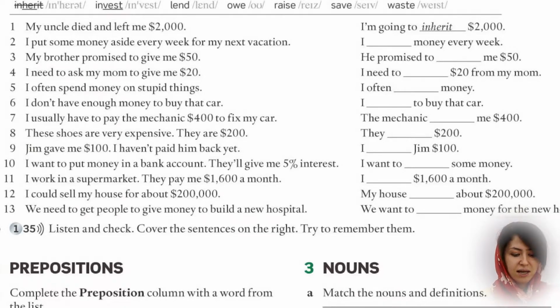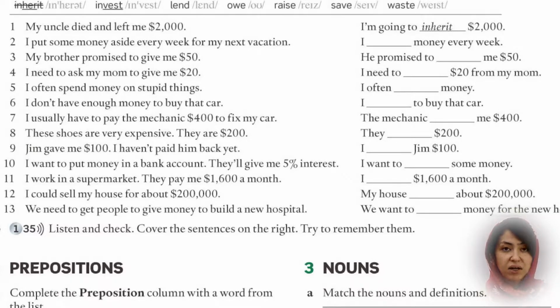Call that raise. Number 11, I work in a supermarket. They pay me $1,600 a month. So if you work and get money, we say, I earn $1,600 a month. Number 12, I could sell my house for about $200,000.